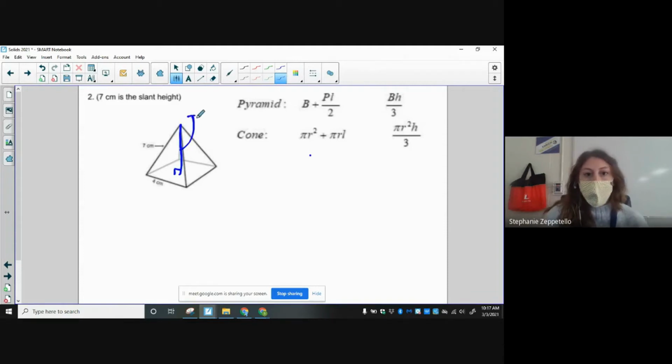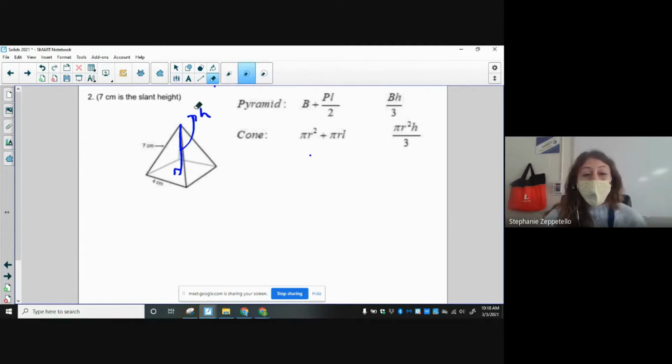That would be h, the height. Now, where does that height exist? Inside the pyramid, inside the cone. So I'm going to use that height when I'm trying to figure out stuff about the inside of it. Volume, right? I'll need the inside height when I'm looking for inside stuff, like how much sand to fill, water, whatever your idea is.